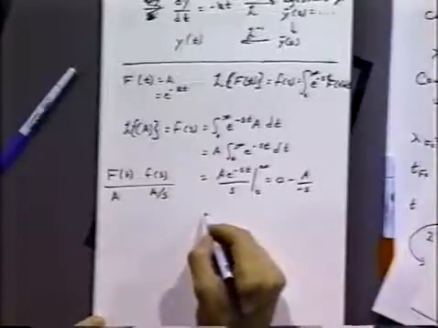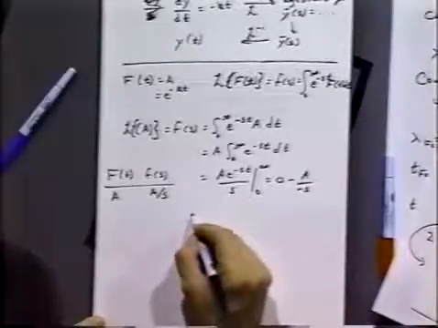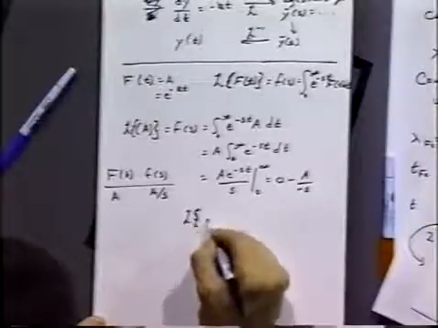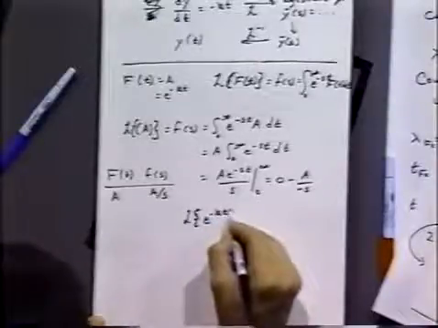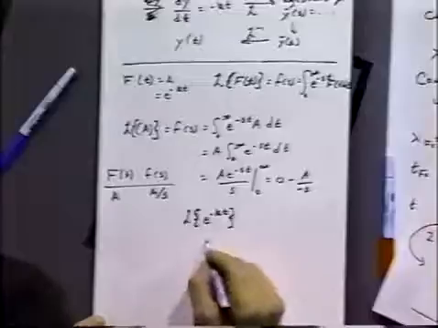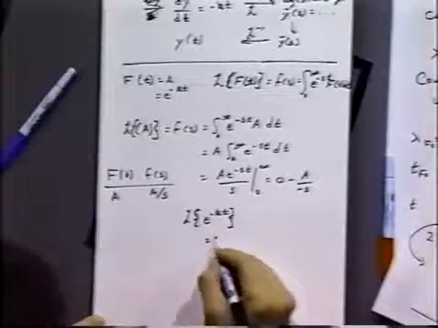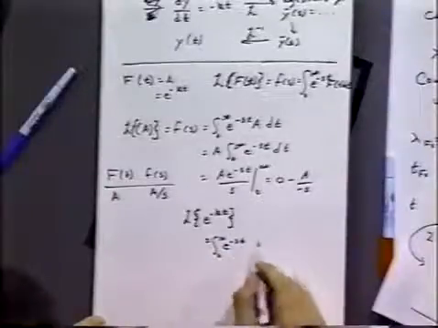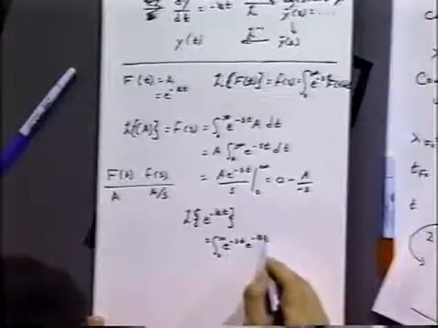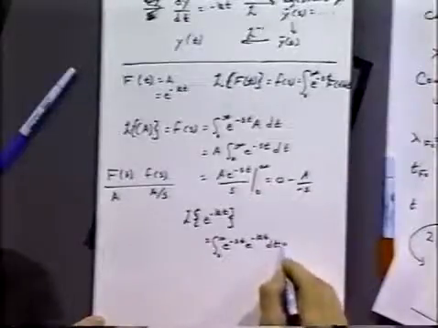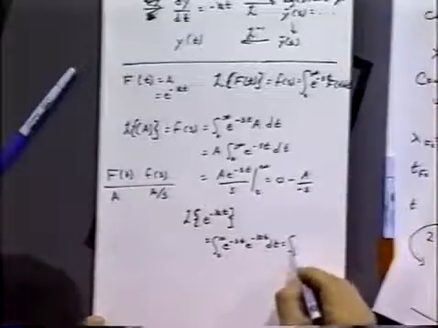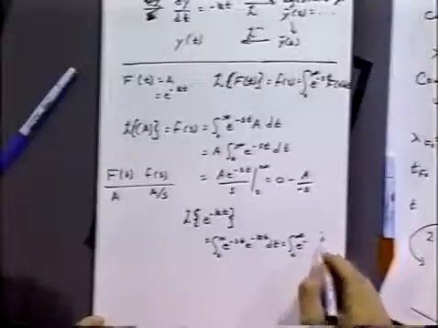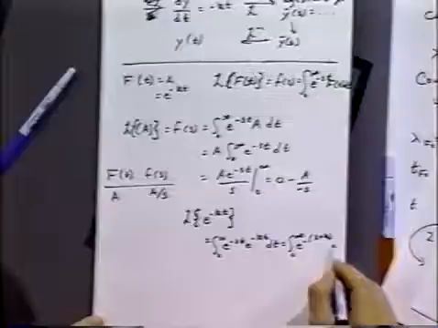Let's suppose we take the Laplace transform of e to the minus kt. Well, that would be equal to the integral from 0 to infinity of e to the minus st times e to the minus kt dt, which equals the integral from 0 to infinity of e to the minus (s plus k)t dt.